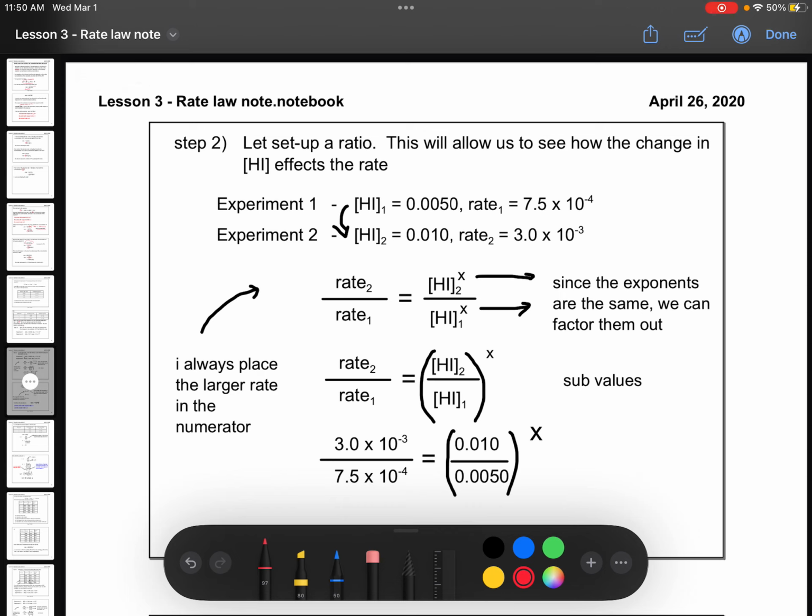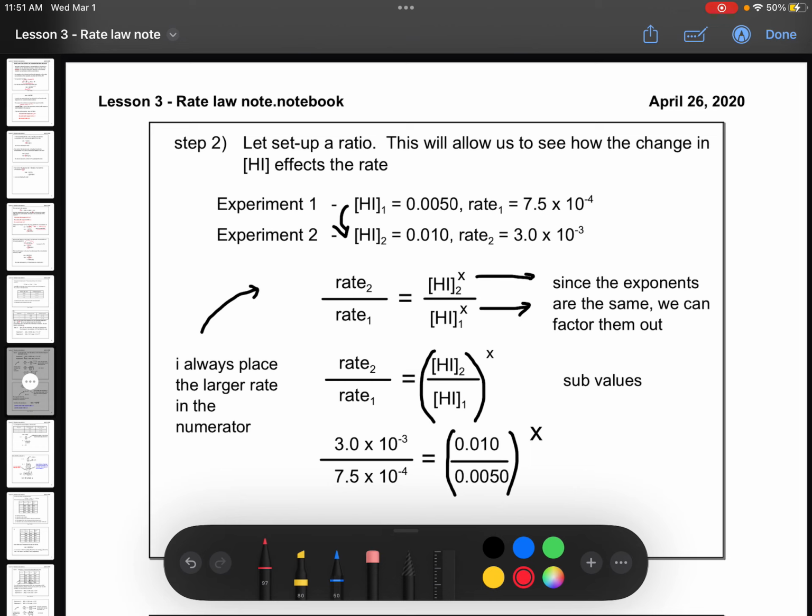Now we're going to set up our ratio. This is going to allow us to see how the change affects things based off of experiment 1 and experiment 2. We're going to use the following equation: rate 2 divided by rate 1 equals [HI]2 divided by [HI]1, each raised to x. Since the exponents are the same, we can easily factor them out.